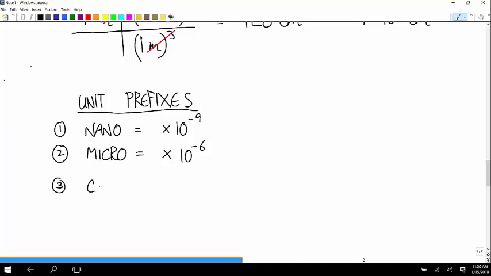The third one is milli. That's times 10 to the minus third. The fourth one is centi. That's times 10 to the minus 2.